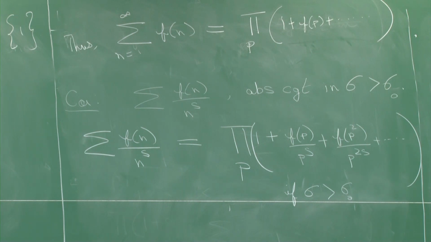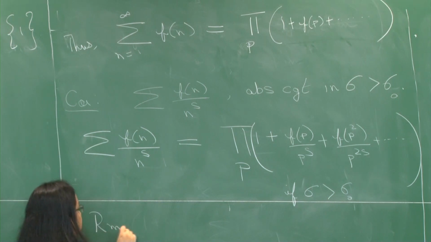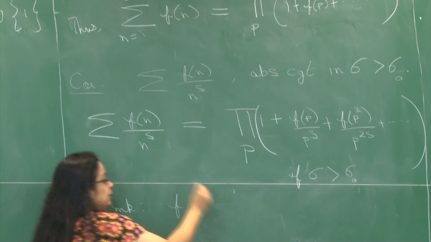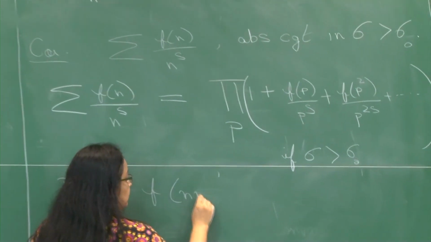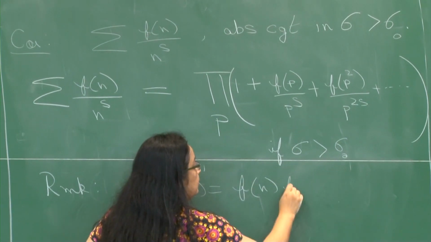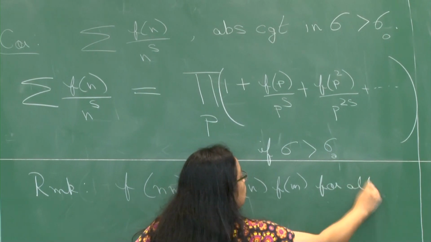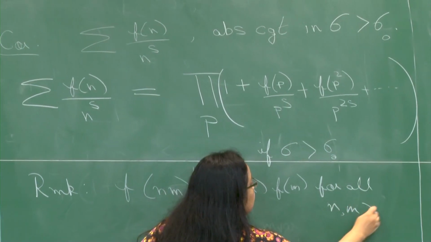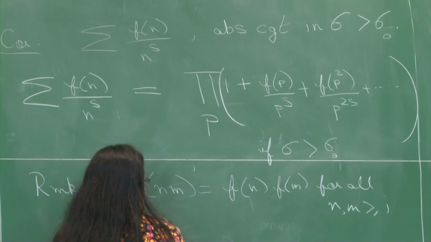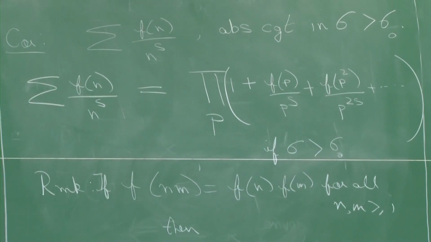So, now by the way, a quick observation. If you had an even nicer function, if f were completely multiplicative, suppose f of nm equals f of n times f of m for all n and m, then you can simplify the Euler product into something even nicer.